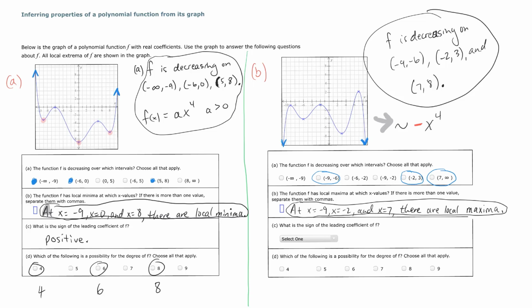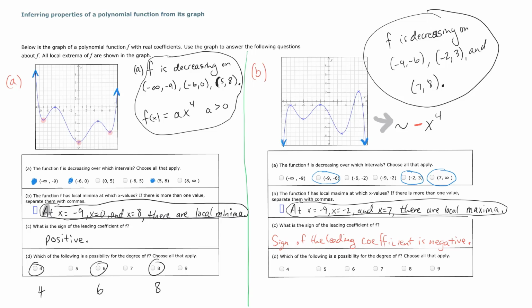So in this case here, the sign of the leading coefficient is negative. And we can write that in a complete sentence as well to learn the vocabulary. The sign of the leading coefficient is negative, and it will match the negative symbol in front of the x to the 4th.